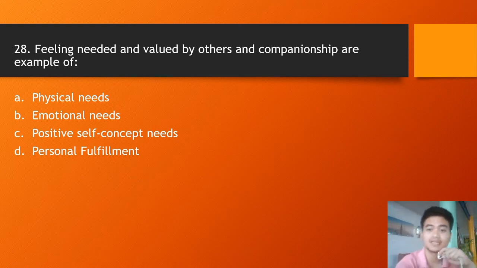Positive self-concept needs, ito yung pangangailangan na tinitingnan natin yung ano ba tayo, no? Pwedeng mabilang dito yung self-esteem needs, yung pangangailangan natin na we are always positive towards others. Yan. Personal fulfillment, on the other hand, ito yung mga pangangailangan like education.